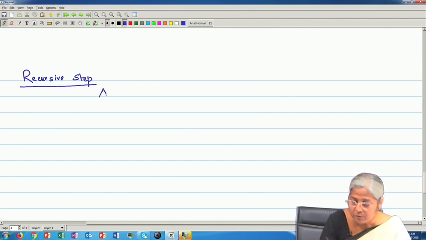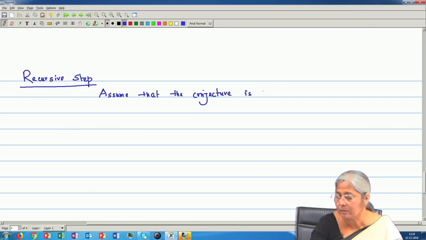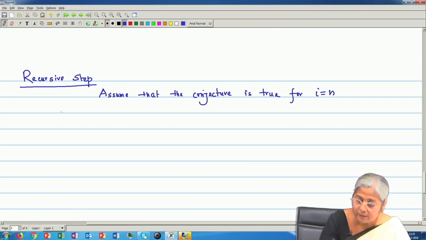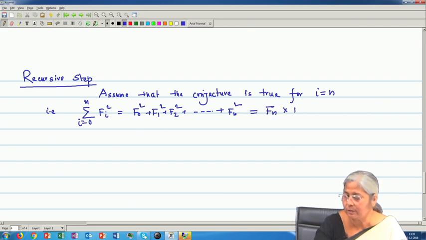So, we assume that the conjecture is true for i equal to n. That means, for i equal to 0 to n, the sum of f i square equals f0 square plus f1 square plus f2 square plus up to f n square, and this is equal to f n into f n plus 1.